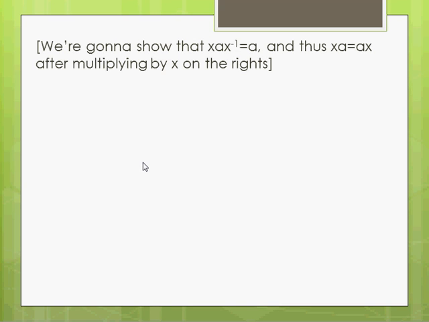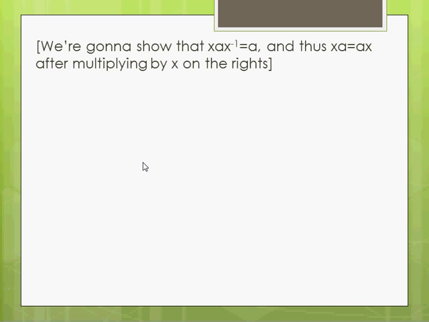So let's get started on this one. I'm going to give you a little idea of where I'm going with this. We're going to end up with XA X inverse, and we're going to show that it is A. After you multiply on the right by X, you end up with XA equals AX, which is what we're ultimately trying to show.